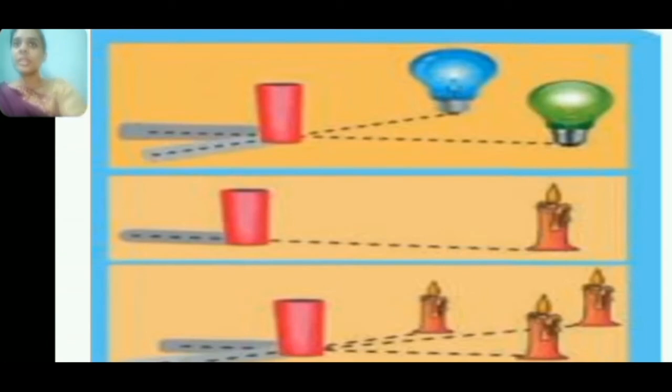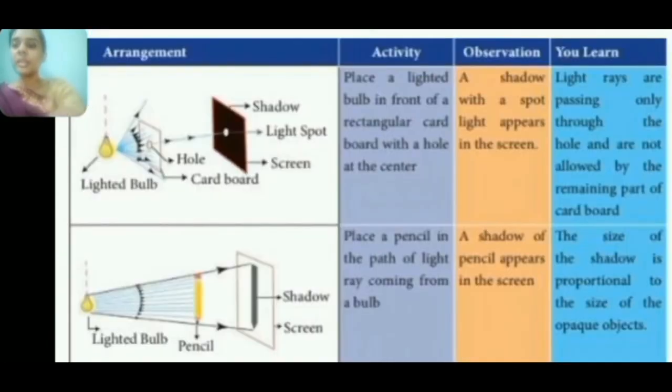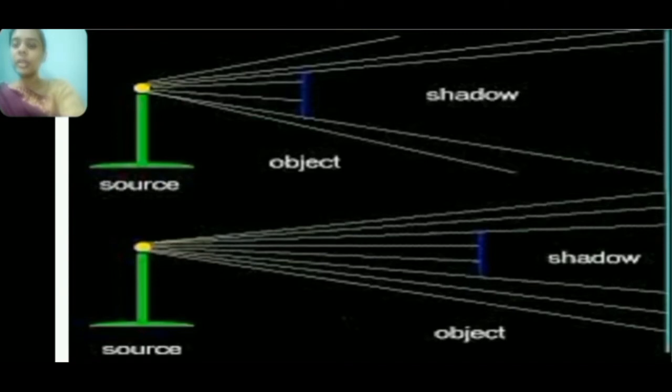And the shadow, light source and the opaque object all are in a straight line, as you can see in the image.